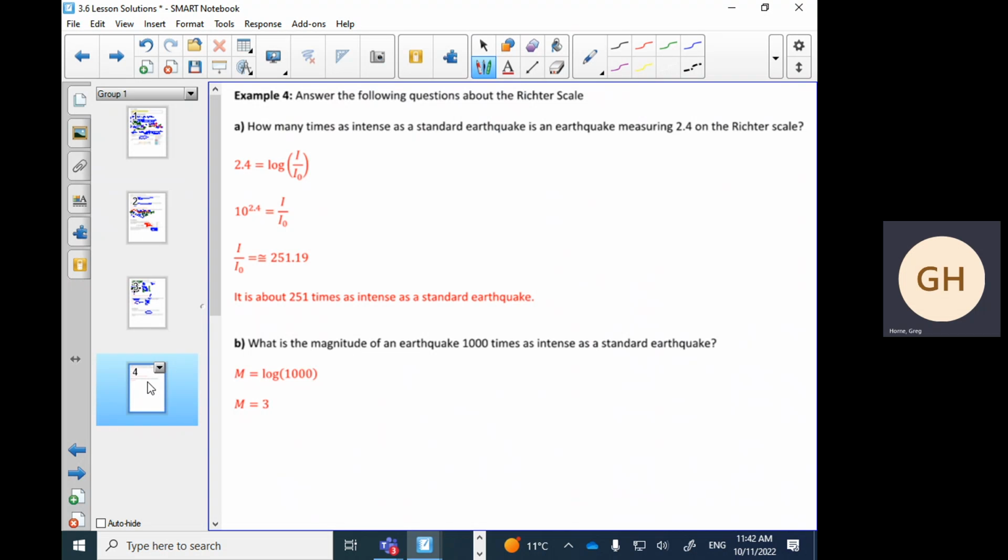You plug those parts in and calculate. For this one we're given the magnitude, 2.4 on the Richter scale. We want to know how many times as intense, so I over I0 is being asked.